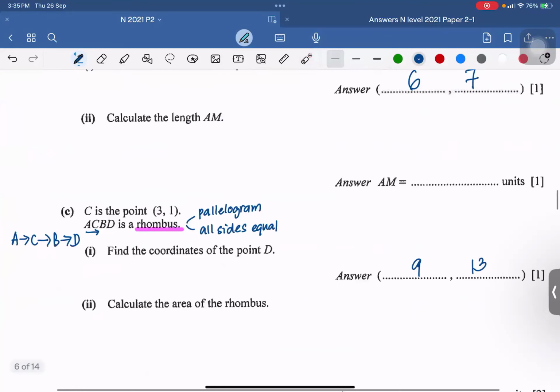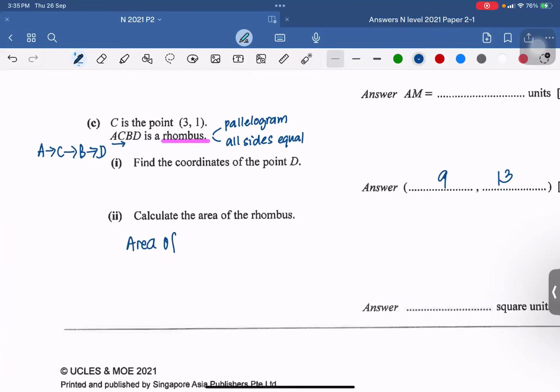So area of rectangle, 8 by 12 units, give you 96 units squared. Now let me find 96 units minus the area of the other triangles.